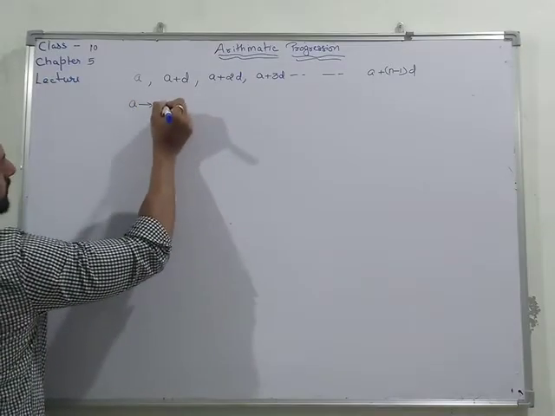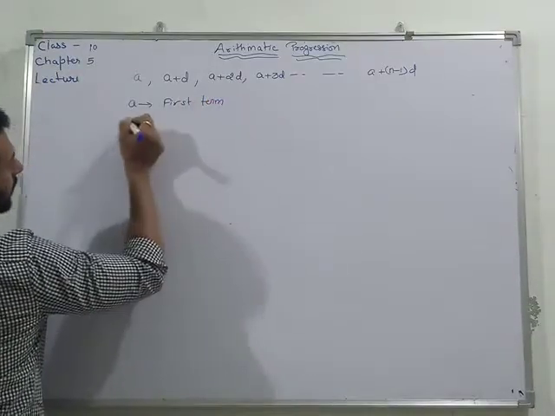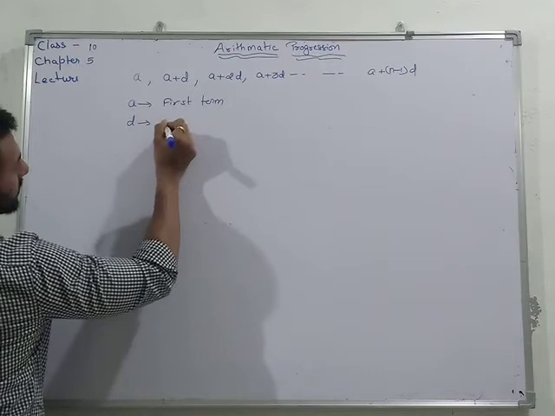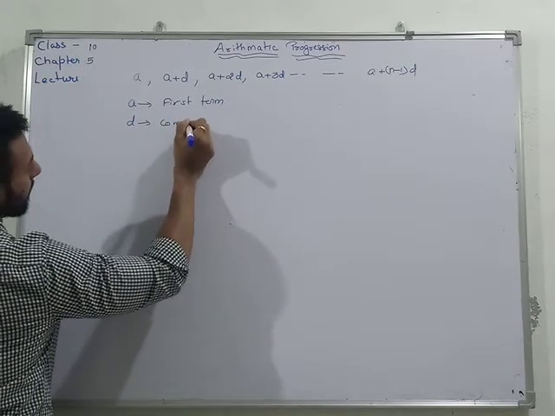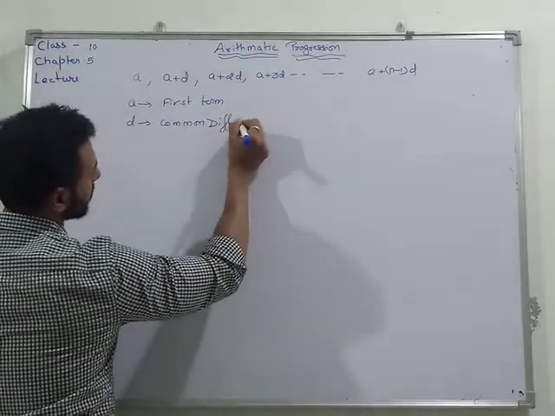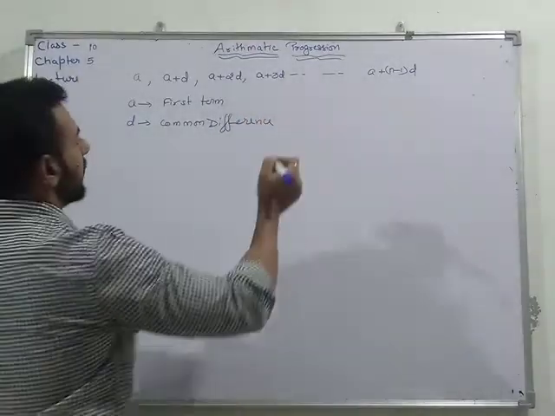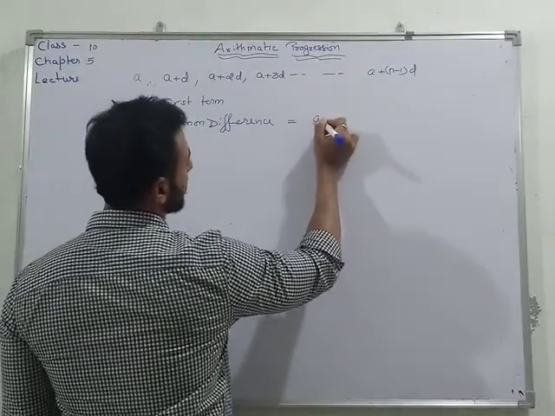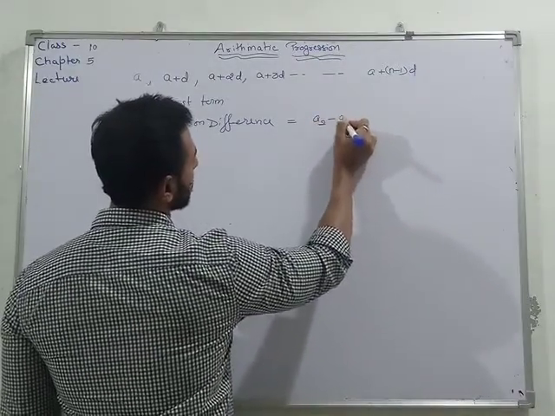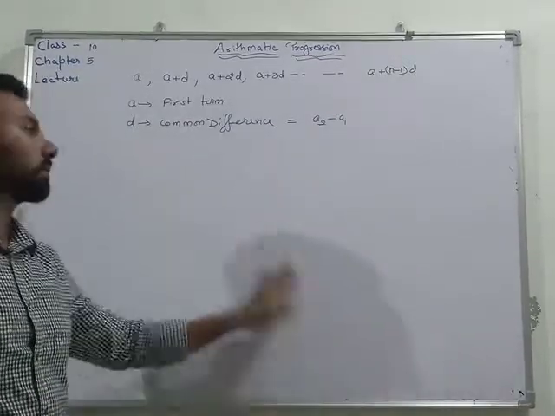Here a is the first term, d is common difference, which can be written as a2 minus a1, that is, second term minus first term.